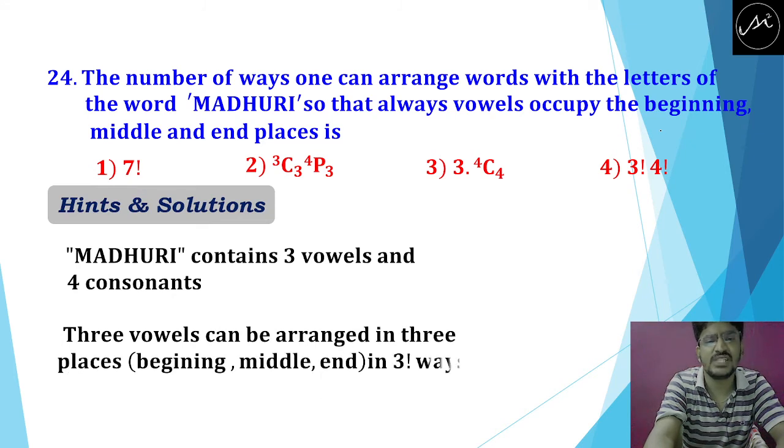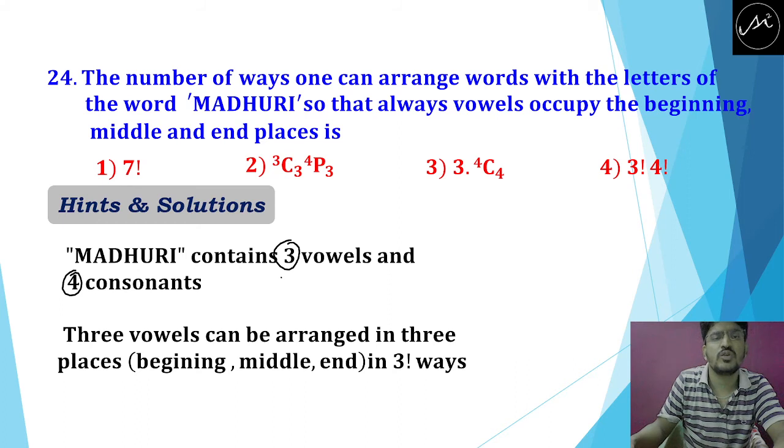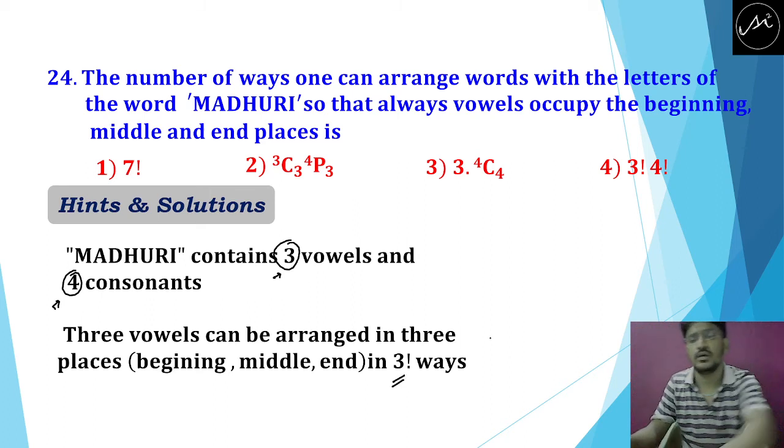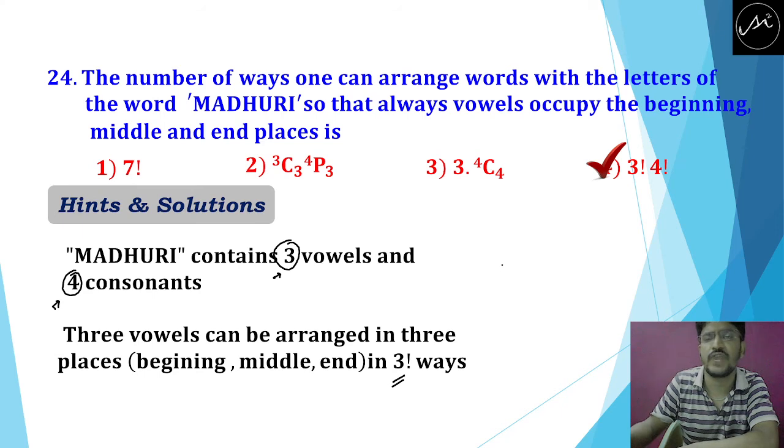Vowels can be arranged in 3 places, beginning, middle and the end, because Madurai contains 3 vowels and 4 consonants. So 3 vowels can be arranged in 3 factorial ways and the remaining 4 consonants can be arranged in 4 factorial ways.